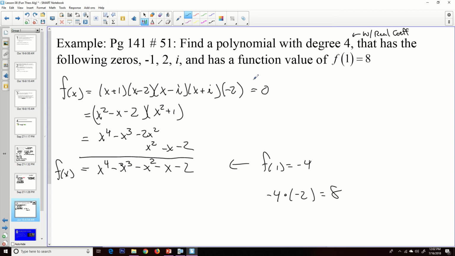They're still going to go through the values that I want. So we're just going to bring that down, multiply by that negative 2, and we'll get negative 2x to the 4th, oops, it'll be plus 2x to the 3rd plus 2x squared plus 2x plus 4. And that is going to be our new f of x.